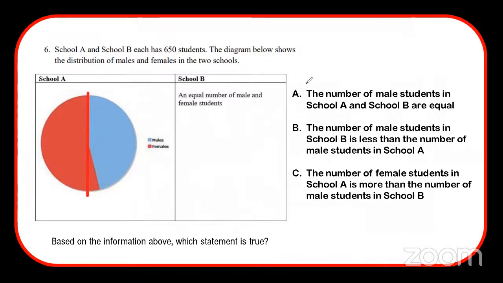A will not work. The number of male students in school B is less than the number of male students in school A. Tell me, is this true or false?